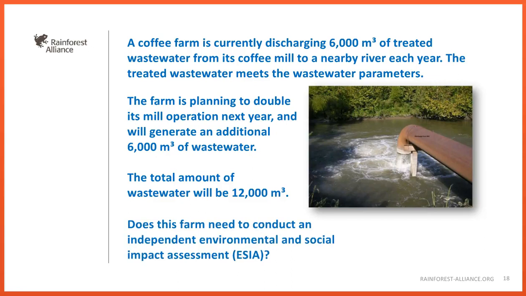Does this farm need to conduct an independent environmental and social impact assessment? The answer is no. The SAN ESIA parameters say that an ESIA is required when the new or additional wastewater discharge is more than 10,000 cubic meters per year. In this case, the additional wastewater discharge is 6,000 cubic meters, which is less than the limit. Therefore, an independent ESIA is not required.